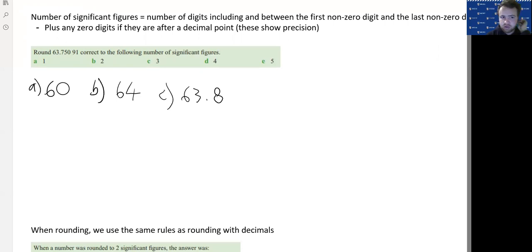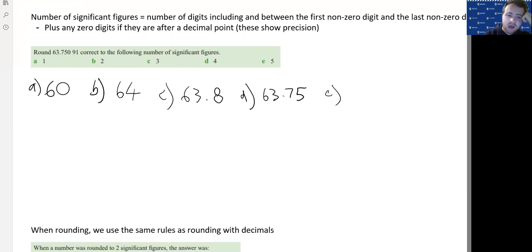So that's 63.8. Now, rounding to 4 significant figures, for D, the 4th significant figure is the 5, and the next number, the 5th, is a 0, so I'm going to round down, so it becomes 63.75. Okay, that's 4 significant figures.